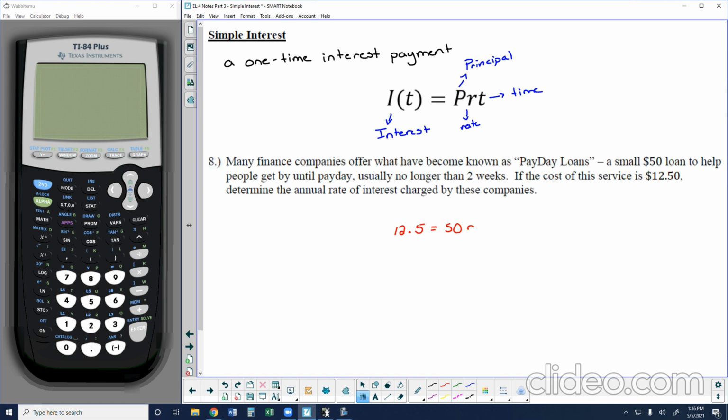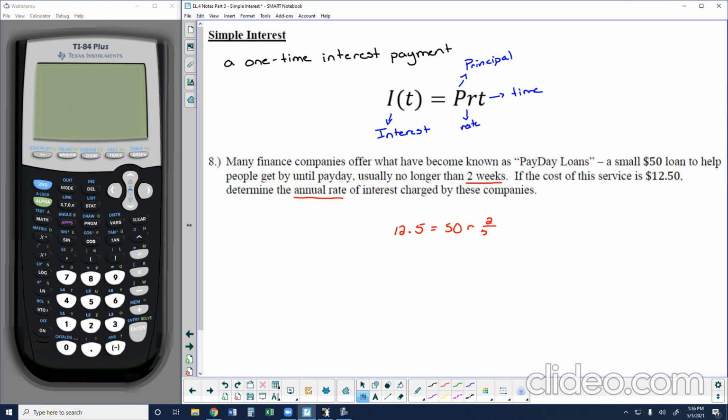So we want to find the rate. Now, time is where this can get a little bit difficult. We know that this $50 loan is for 2 weeks, a 2-week time domain. But we want to find annual interest. The annual rate is with respect to a year. So the loan lasts 2 out of the 52 weeks in a year.